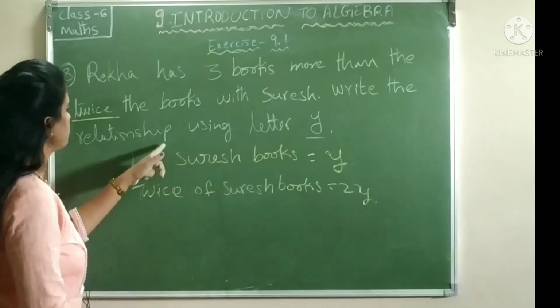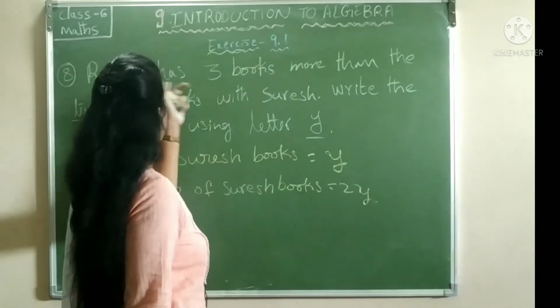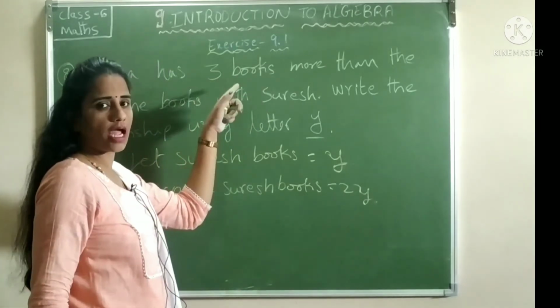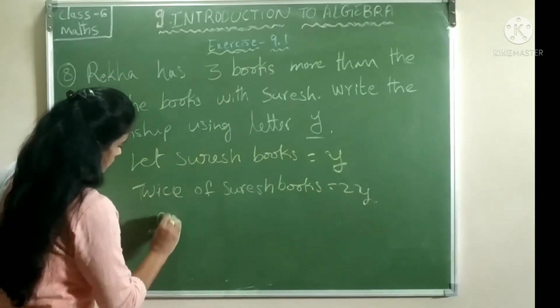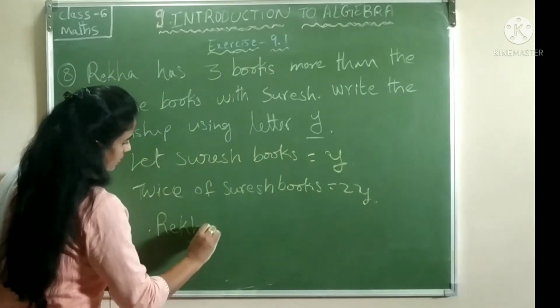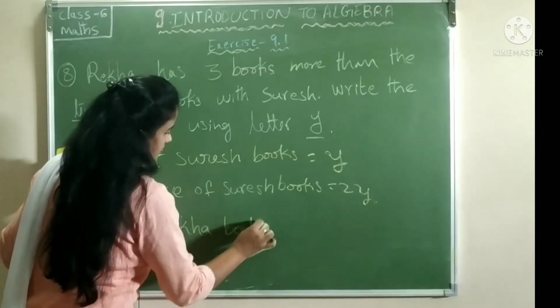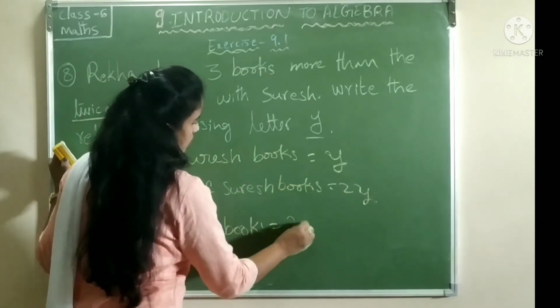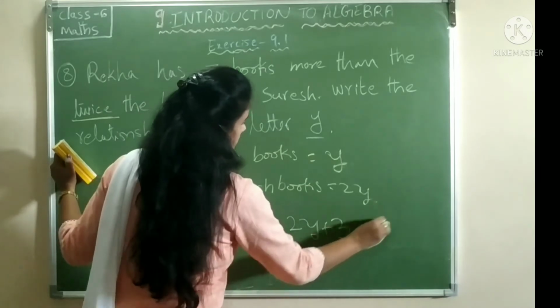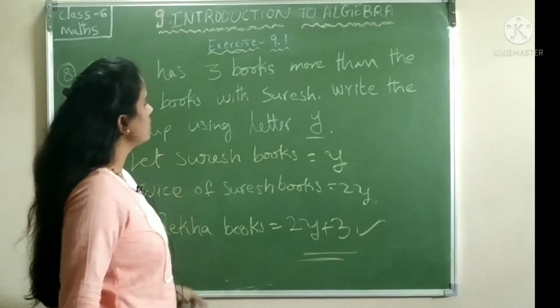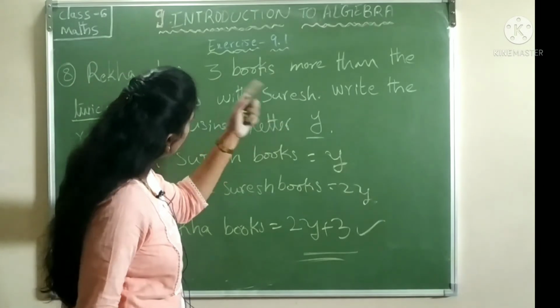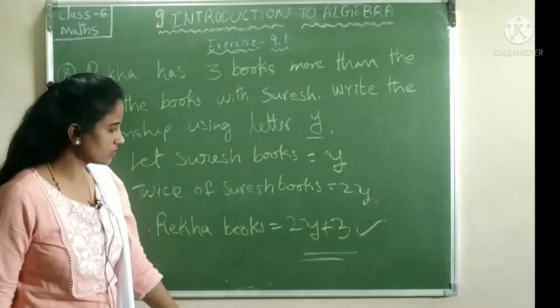Then what is the relationship between Suresh's books and Rekha's books? Rekha has 2 times Suresh's books plus 3. Therefore Rekha's books is equal to 2Y plus 3. Okay, this is the relationship between Suresh and Rekha's books.